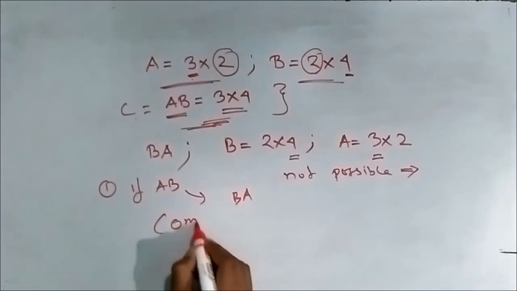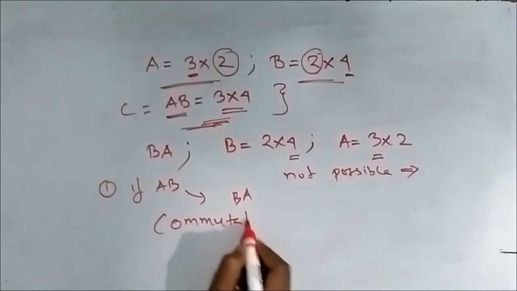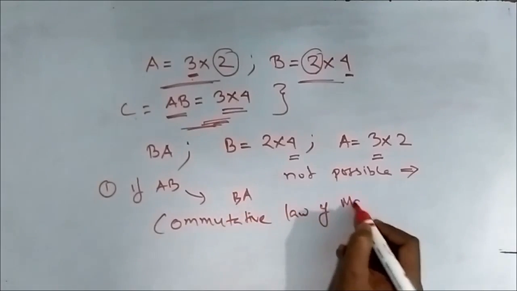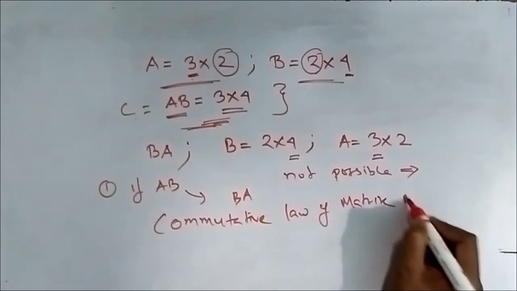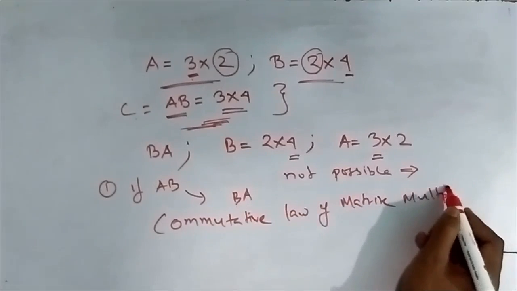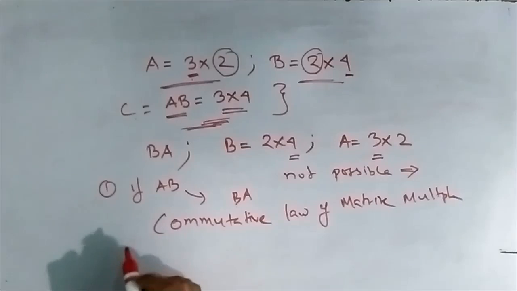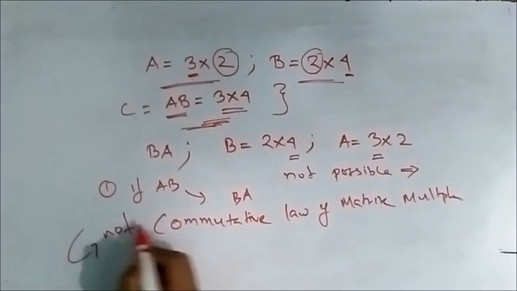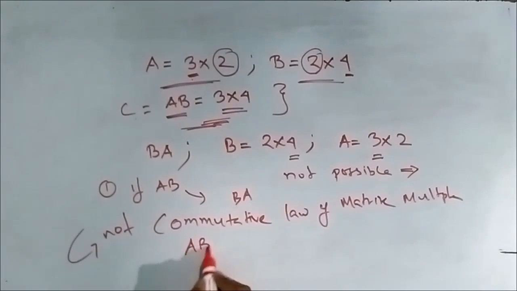The commutative law of matrix multiplication: matrix multiplication is not commutative. Why not commutative? Because AB existing does not imply the existence of BA.